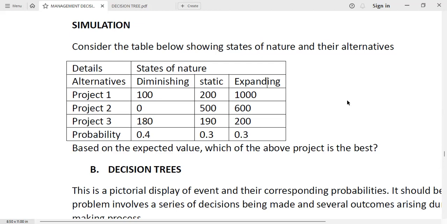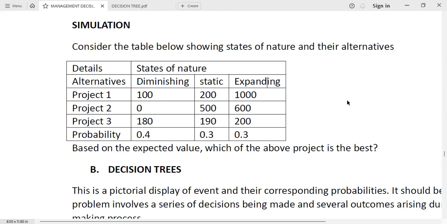So we get the payoffs for a given state of nature, we multiply by their corresponding probabilities for the different periods. And when we sum them up, we should be getting the expected value or the expected monetary value or the expected payoff, whichever you call it.